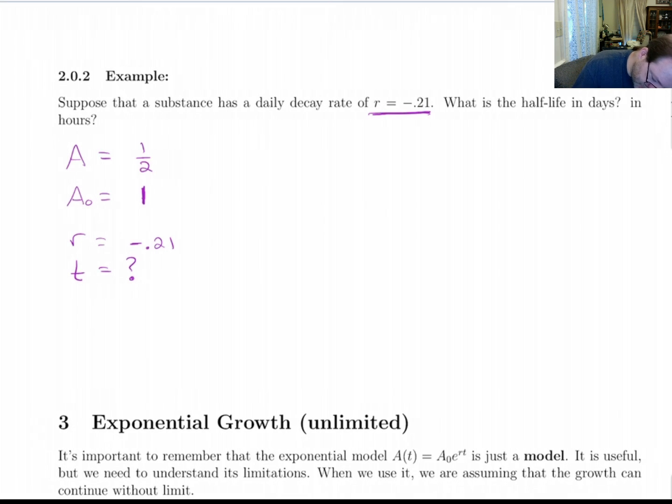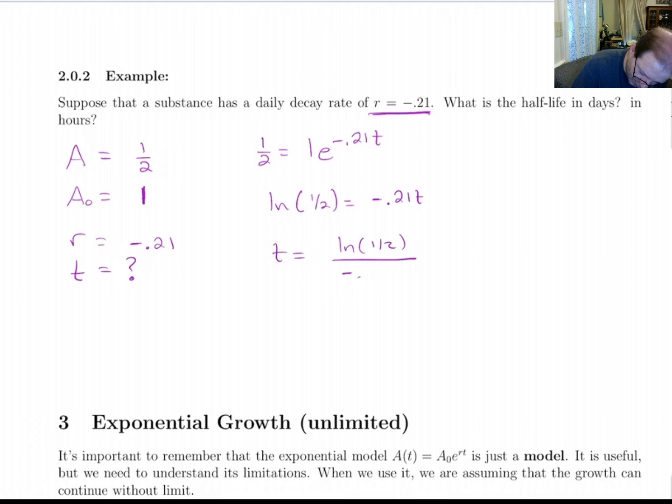So you plug this in, you get 1/2 equals 1 times e to the negative 0.21t. Wait a second, I didn't take the natural log there. We take the natural log of both sides, you get ln of a half equals negative 0.21t. So t is ln of a half over negative 0.21.